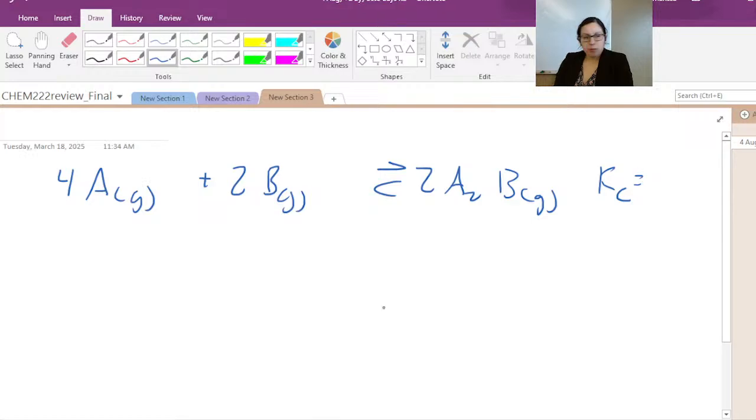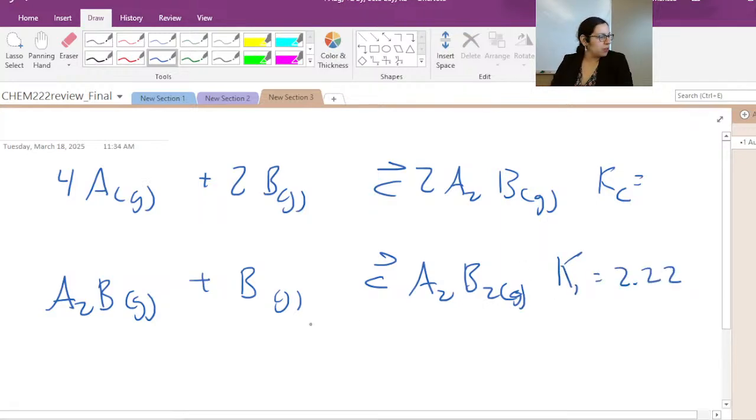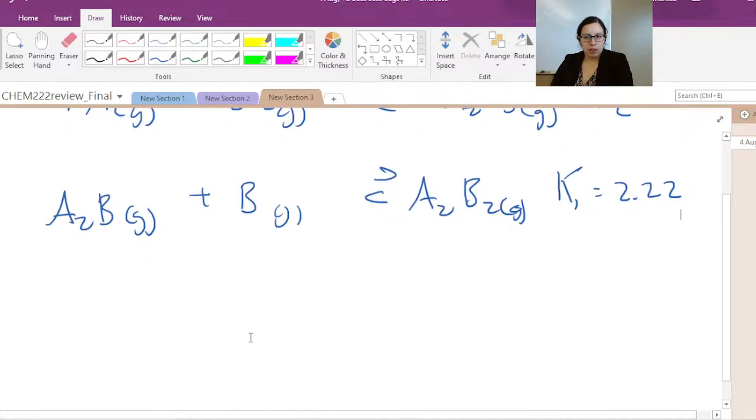And we're trying to find, of course, our equilibrium. And then we are given these other subsequent reactions. So A2B plus B gives us A2B2, and we're given that K is 2.22.